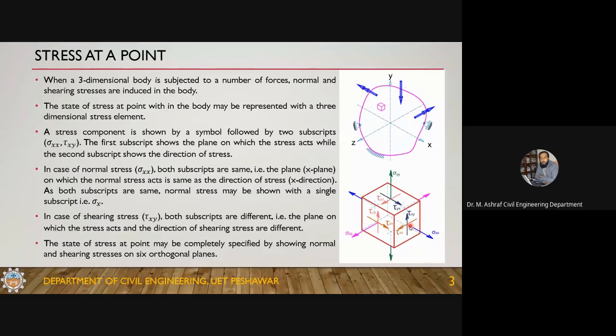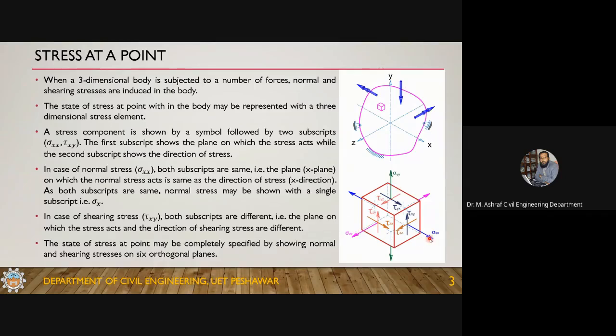Plane means the normal to the plane. So the normal stress always has two similar subscripts, and the shear stresses have different subscripts.